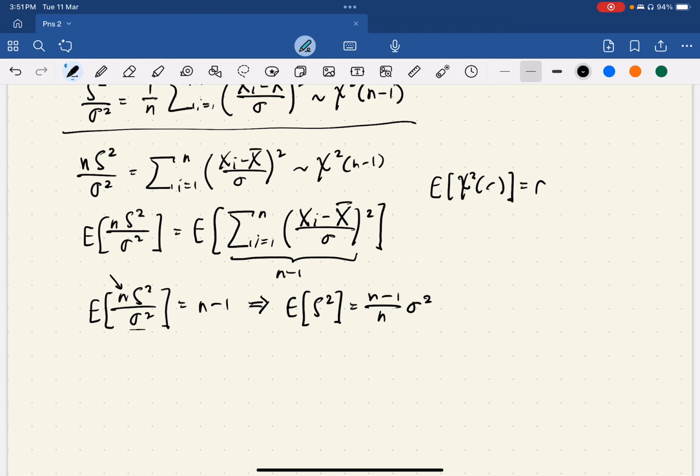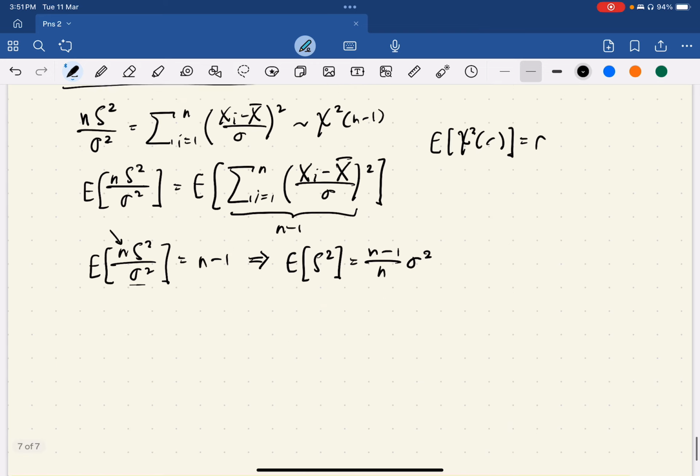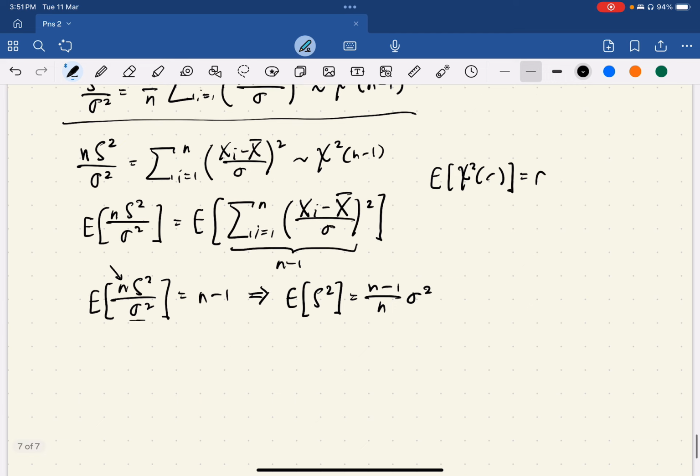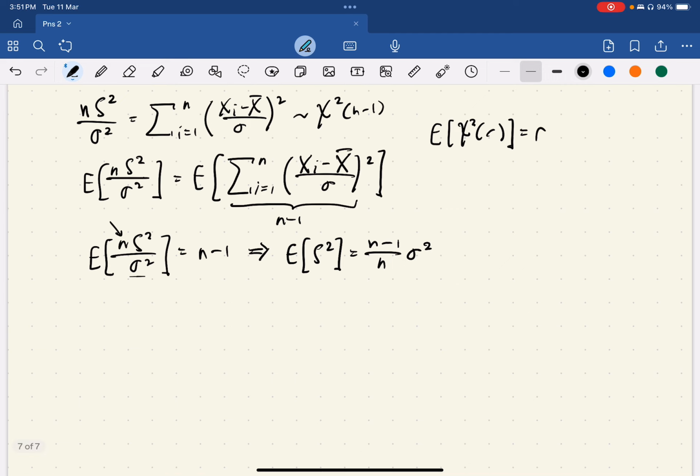Now here we introduce an important concept. Simply put, what needs to be done is to introduce a form of correction on the original formula of the sample variance. And this is, I think, if I'm not mistaken, called the Bessel correction. You can look it up. It basically states the formula of the sample variance differently.